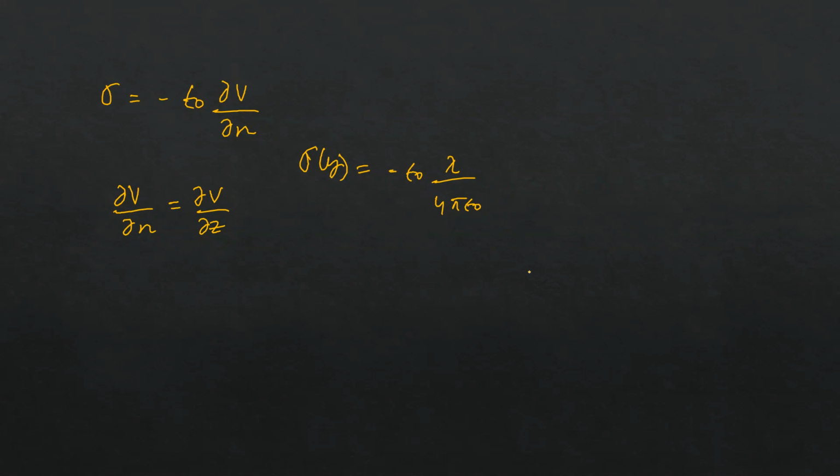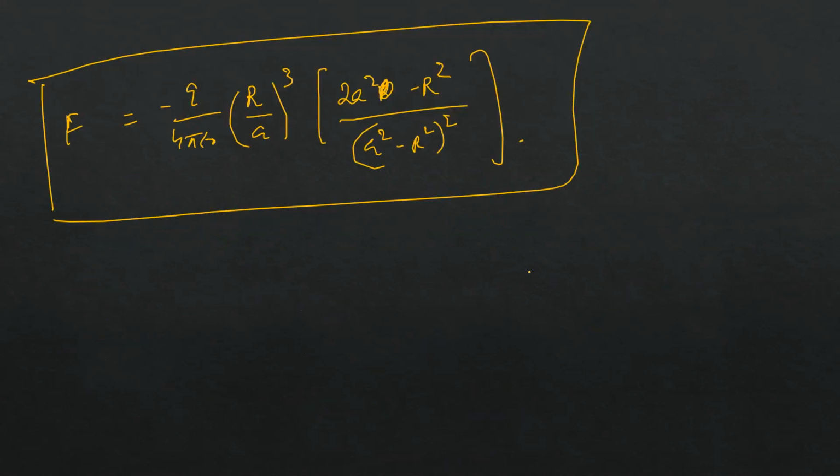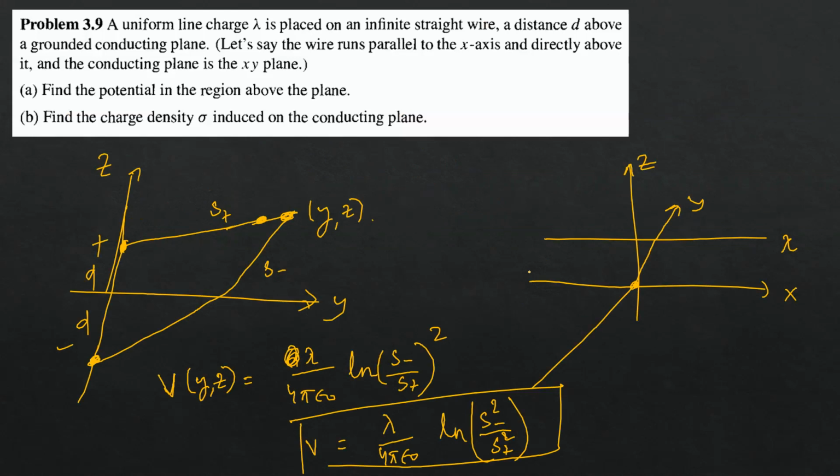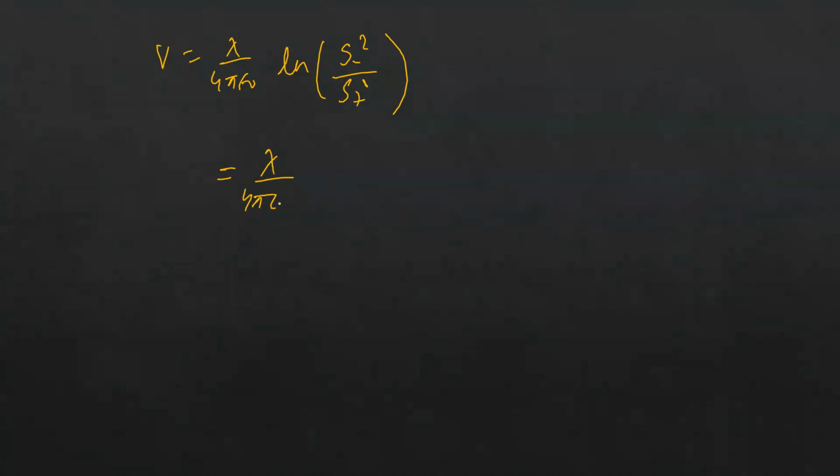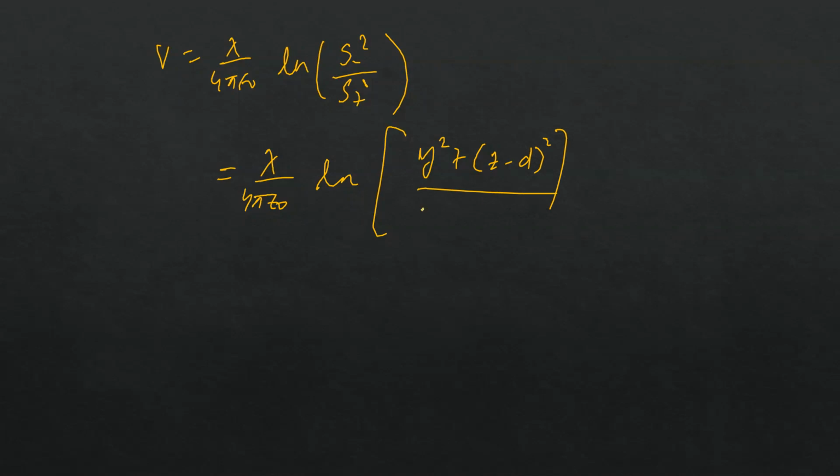Okay, V I have to write it again. V is equal to lambda by 4 pi epsilon naught ln s minus square by s plus square. If I write it, it will be lambda by 4 pi epsilon naught ln of s minus square, which is actually y square plus z minus d whole square, divided by s plus square, which is y square plus z plus d whole square.